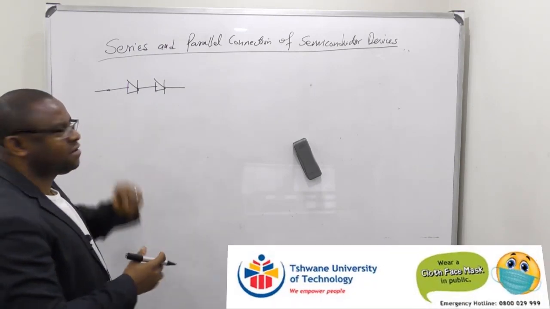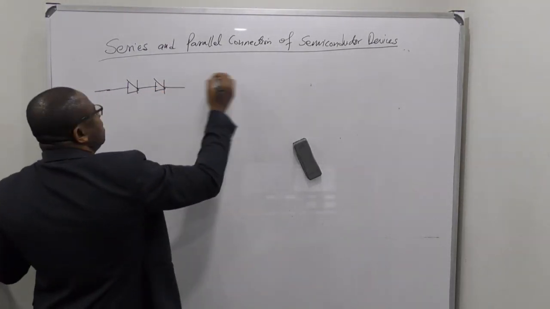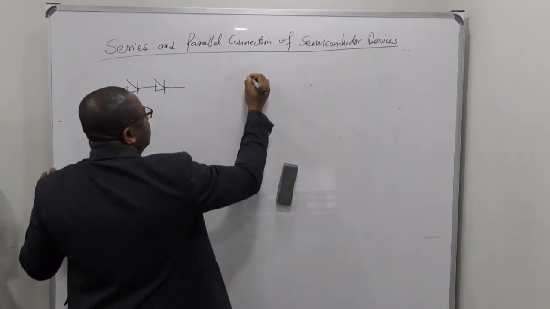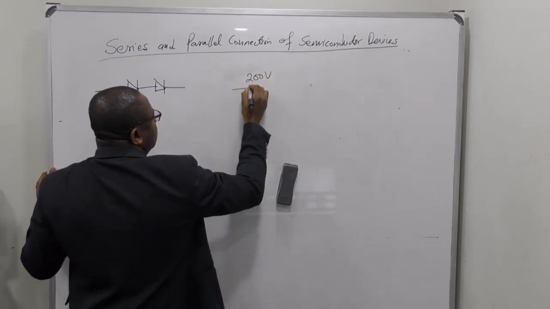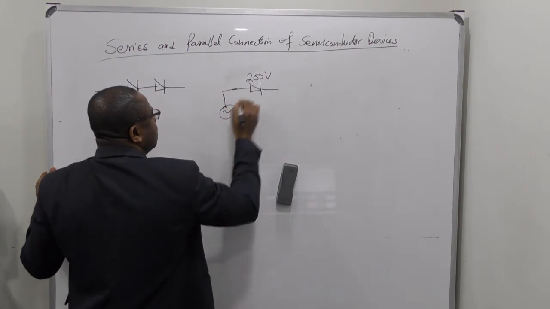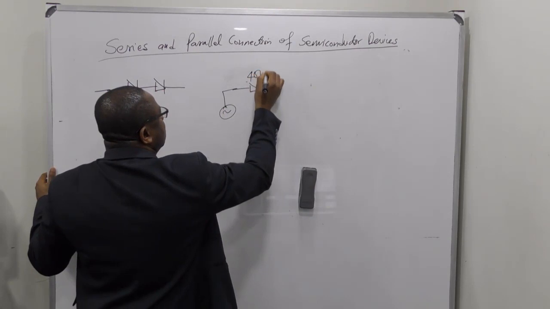For instance, for this diode. Remember, let's assume that I have a diode with peak inverse voltage of, let's say, 200 volts. All right. Let's just make it 400 volts.